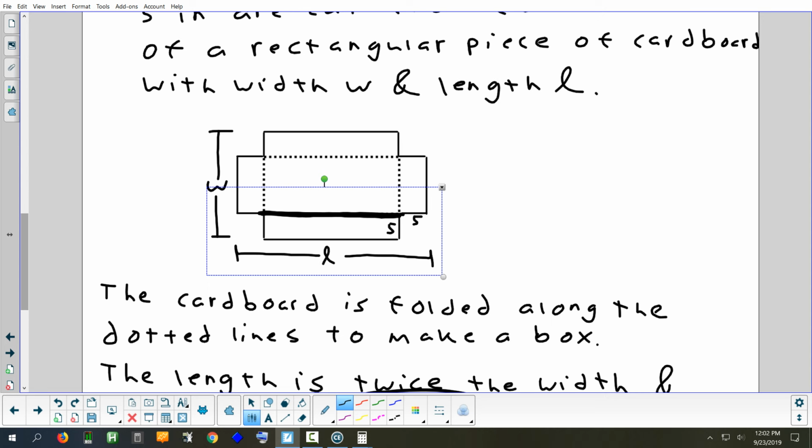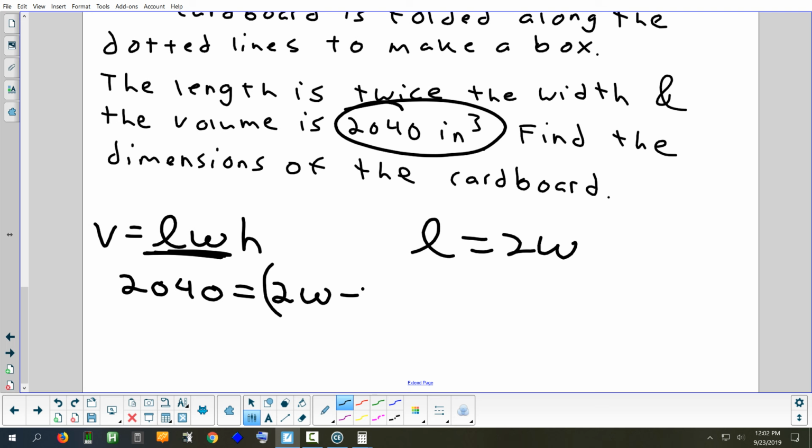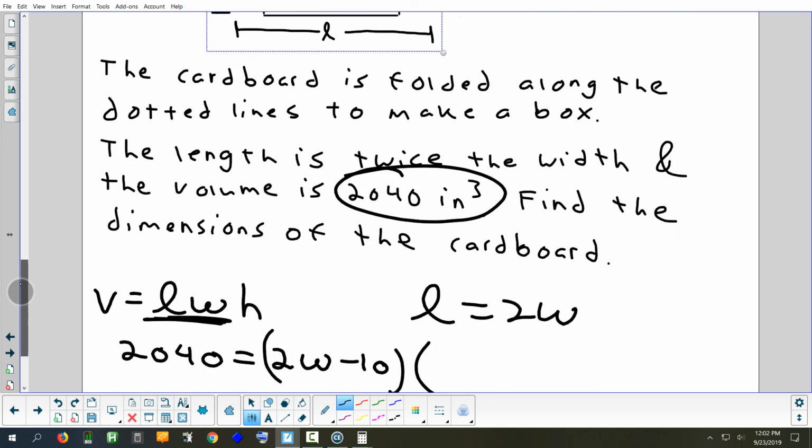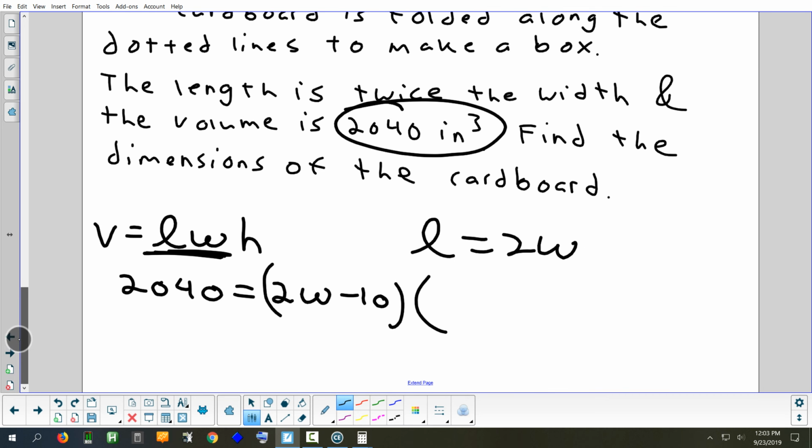Once you fold it up, this is going to be the new length of your rectangular prism. It's the original length minus 10. Now let's look at the new width once you fold it up. What's that going to be? That's W minus 10. Now we're perfect. And the height is still 5.